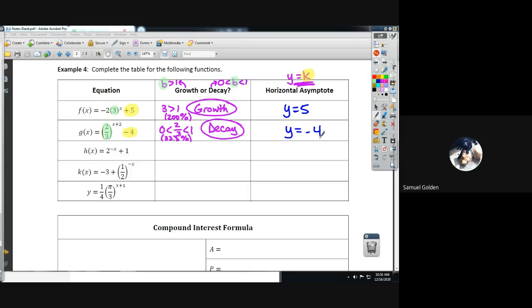Mr. Wills? Yeah. So when it's greater than 1, it's exponential growth, and when it's less, it's exponential decay. Yes. What is it when it's like equal to 1? It will never be equal to 1. B is not allowed to equal 1. Oh, okay, cool.